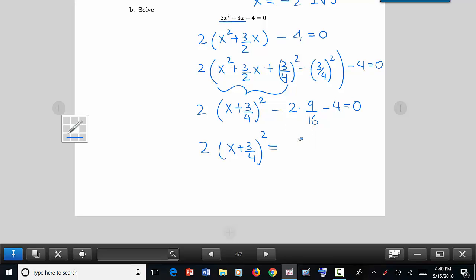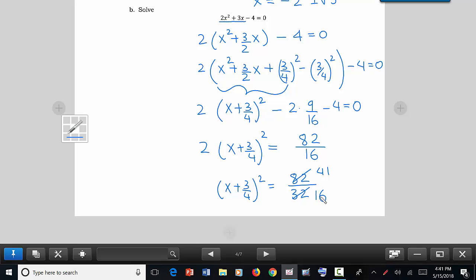It is 82 divided by 16. We divide both sides by 2. So (x plus 3 over 4) squared becomes 82 over 32. Let's cancel out by 2. This is 41. This is 16.